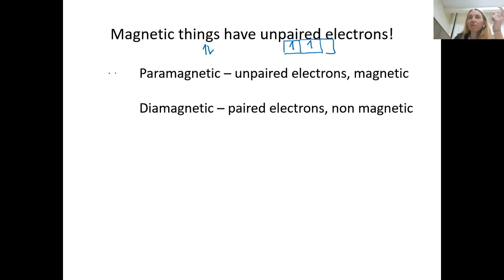Now there's different words. Paramagnetic means unpaired electrons and that it's magnetized. The word diamagnetic means all of the electrons are paired, or non-magnetic. So if I have nitrogen, the electron configuration for nitrogen is 1s2, 2s2, 2p3.